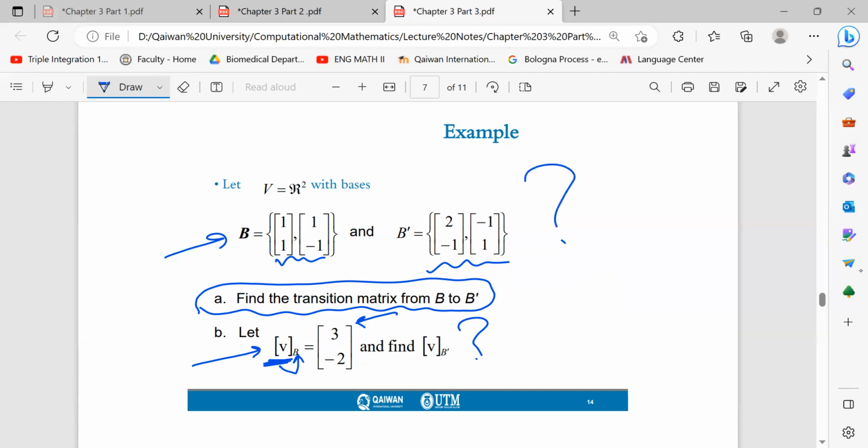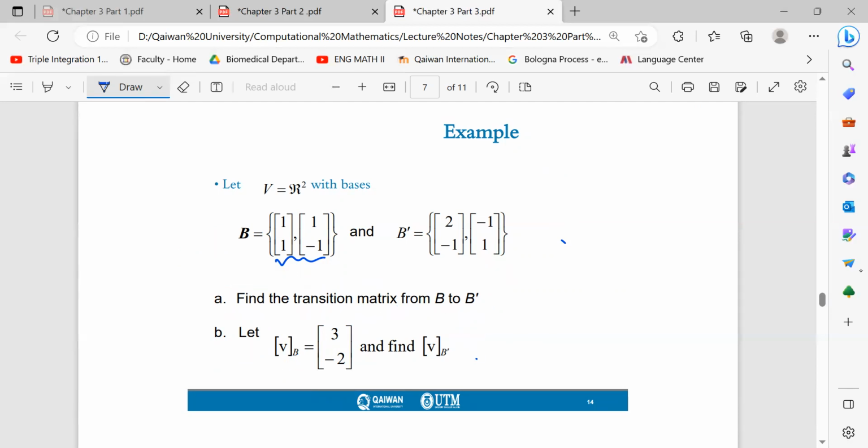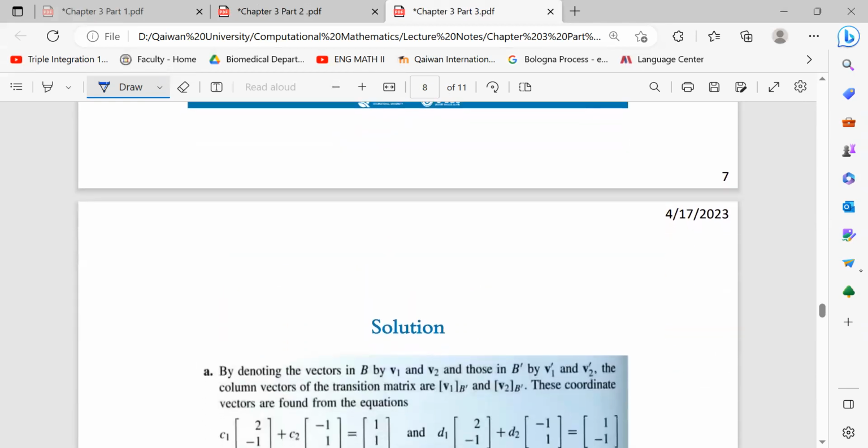So here we need to find two things. First, the transition matrix, then the coordinates of V relative to B dash. Let's find them. We just use the above two rules for that.